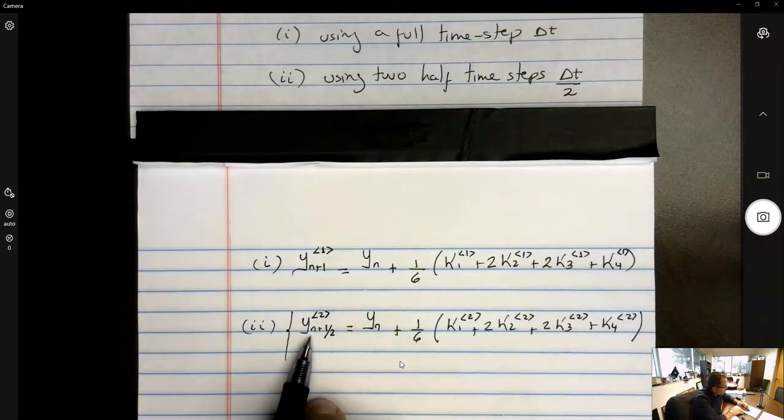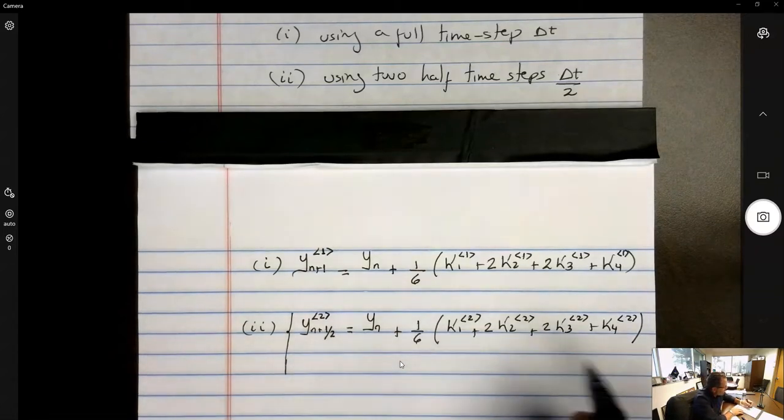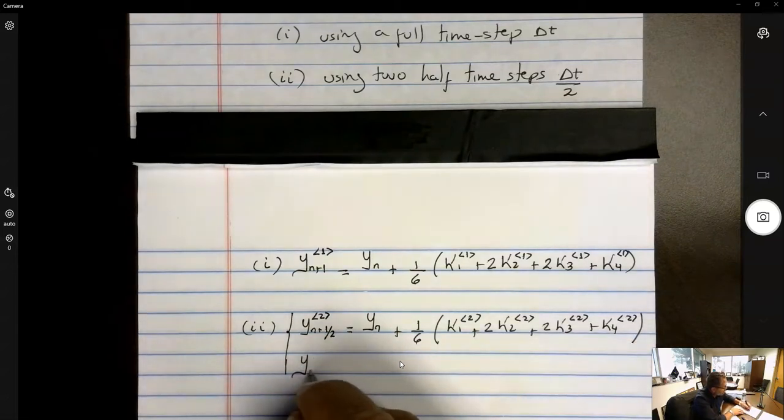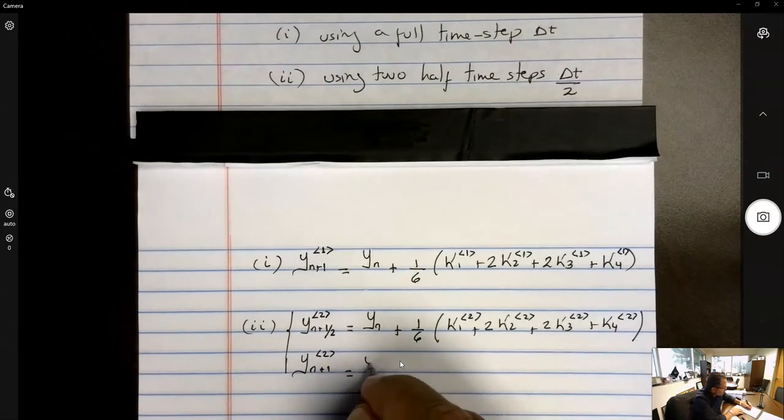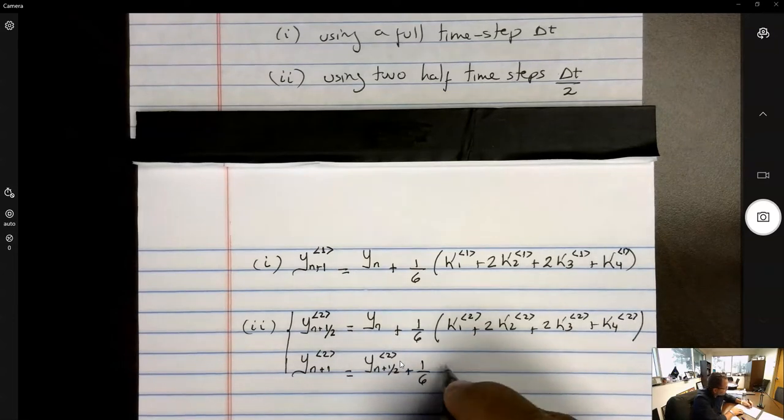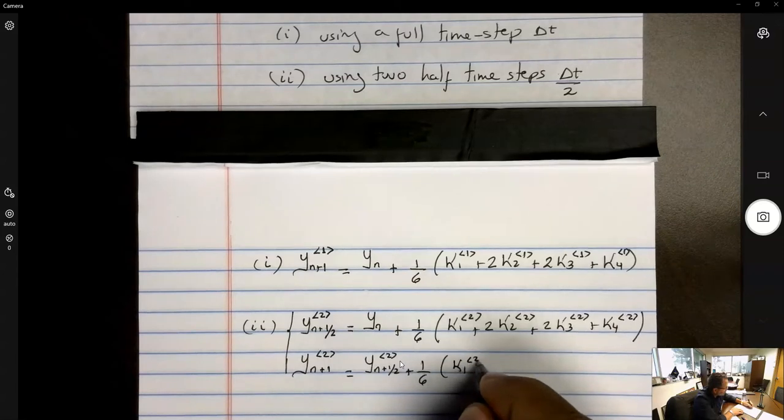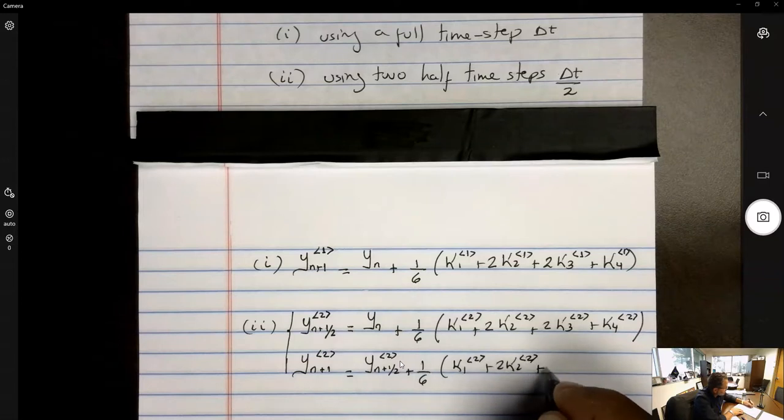So we have the solution halfway to the time level using half a time step, which will give you these parameters k1 to k4. And then the next one, y n plus 1, is y n plus a half, second estimate, plus 1/6 of k1 plus 2k2 plus 2k3 plus k4.